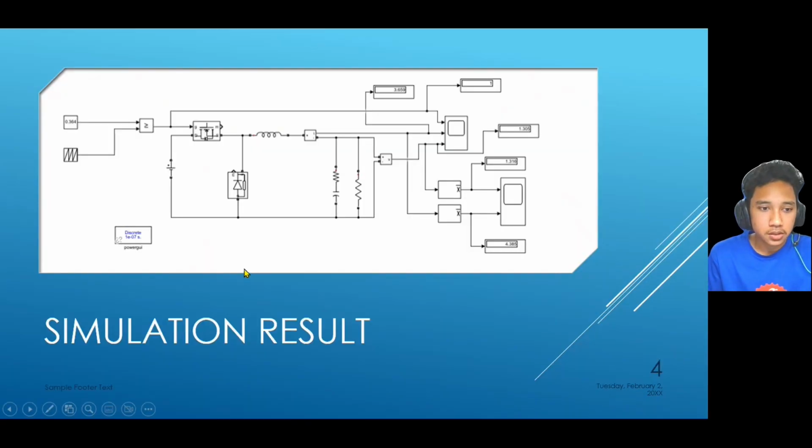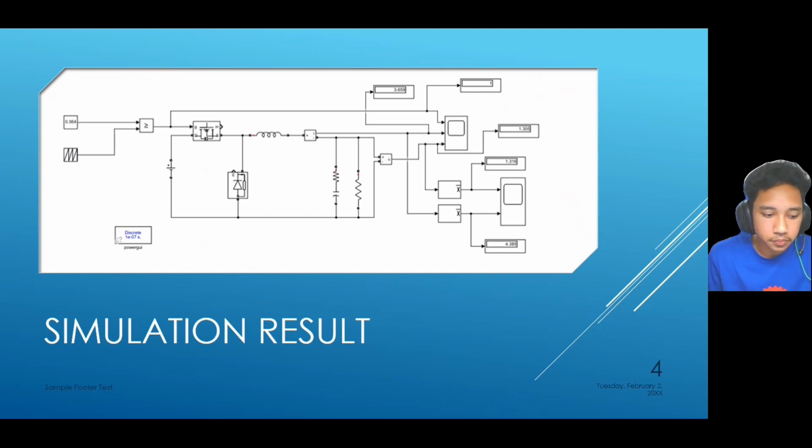Next I will tell you about our simulation result. This is the circuit that we use to get the simulation result. We also add a PWM in the circuit to control the time amplitude of the output current and voltage, in addition to reducing the harmonic distortion.